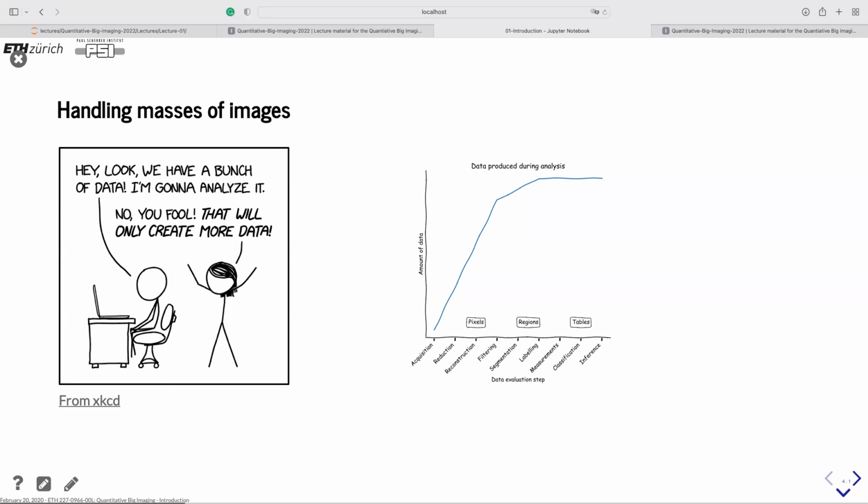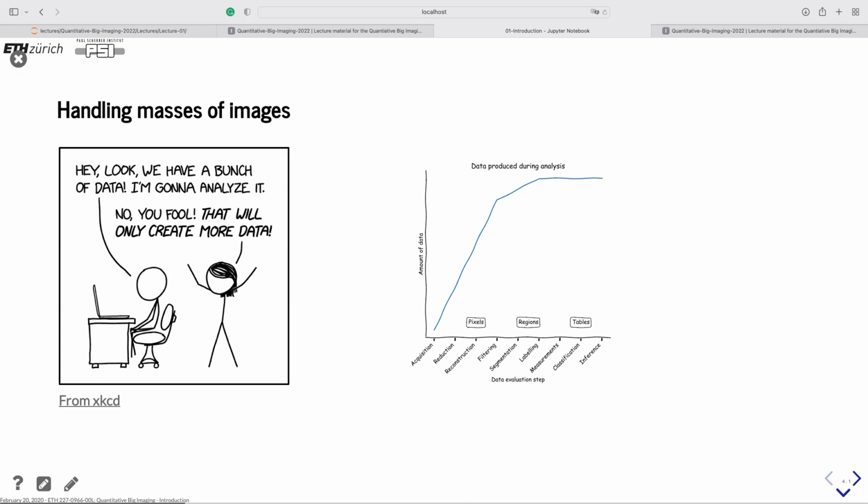In this region, we are talking about the full volume being processed and moved from step to step. Then when you come to segmentation, something happens, because you reduce the amount of data in each pixel. You still have the full volume, but you go from maybe 32-bit data down to 8-bit, and that's already a reduction.